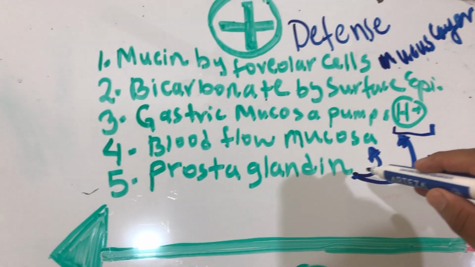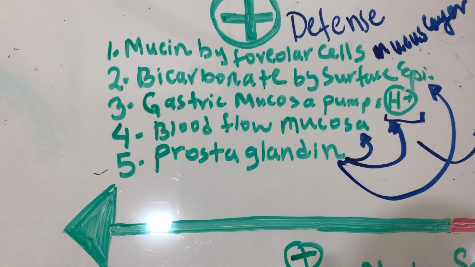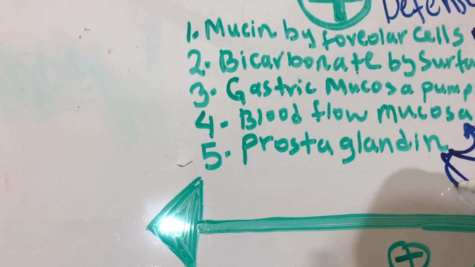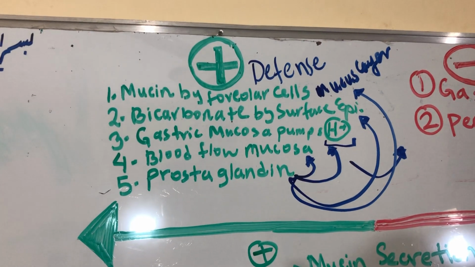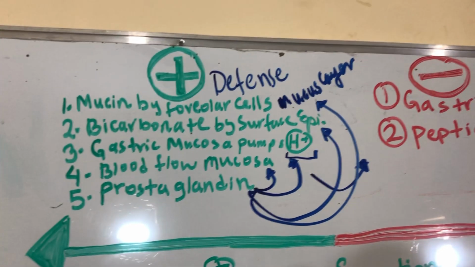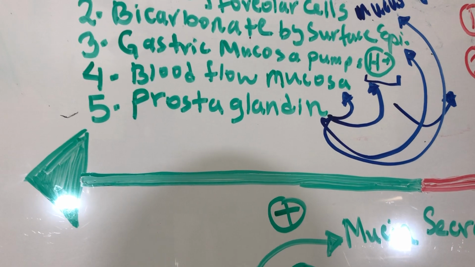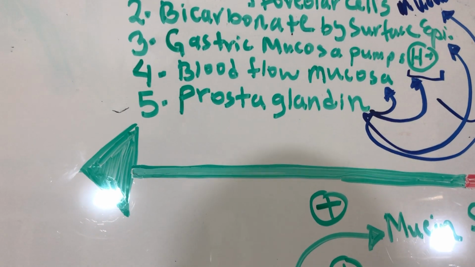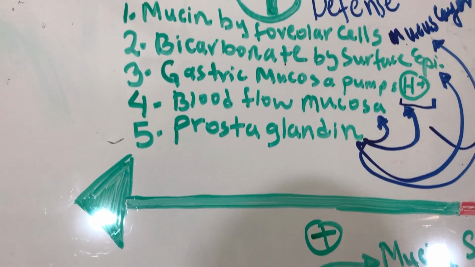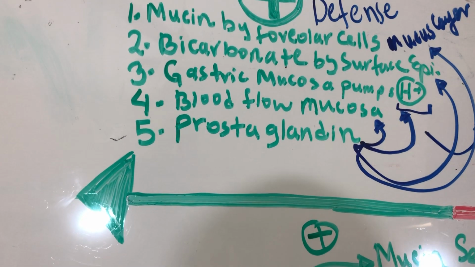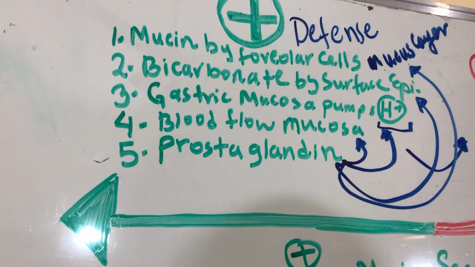And prostaglandin also positively promotes the bicarbonate secretion by surface epithelium, and prostaglandin also positively feeds back to promote the mucin secretion by foveolar cells, and this process of generating a mucus layer that neutralizes and isolates our stomach and protects it from and separates between that hydrolytic, destructive acid from digesting and harming our own stomachs as it would a piece of steak, for example.